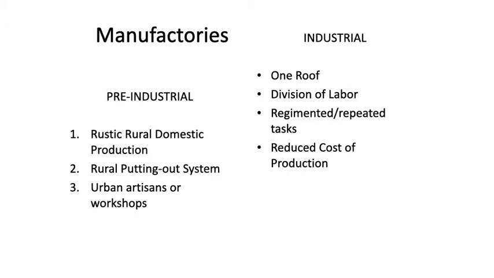There's division of labor where they do regimented or repeated tasks more efficiently, we might add, and for the owners of the manufactory and for the product in general, this resulted in a reduction of how much it cost to produce each unit. One other consequence of this was that a man or woman or child's labor was more controlled by someone else rather than in their own location, right?